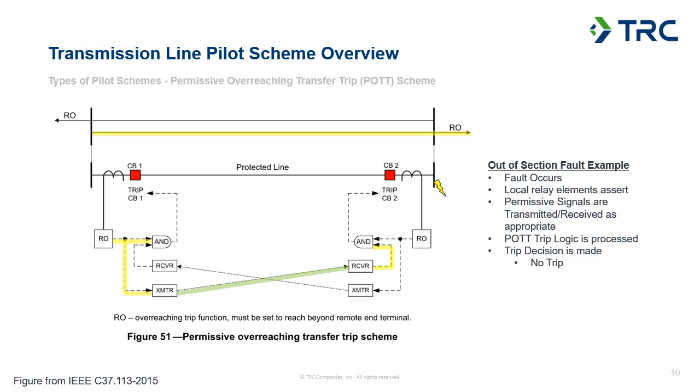In both cases, the AND gate for the trip logic as part of this POTT scheme is not satisfied for this out-of-section fault. And that's how you gain the security through this scheme. You can still operate fast, but you're securing the elements that you're using with that additional information from the remote terminal.